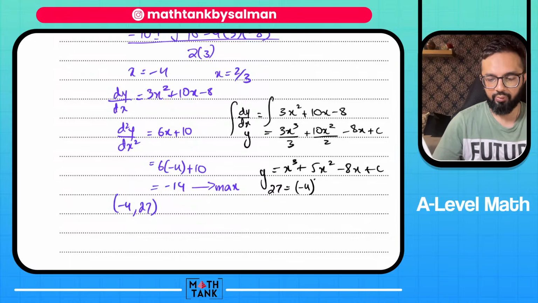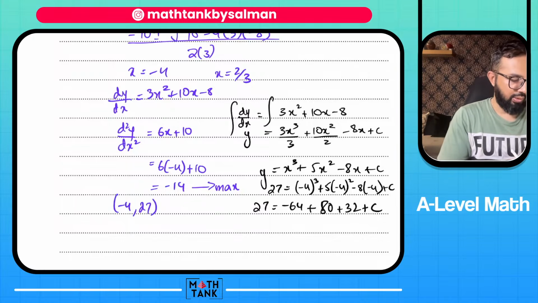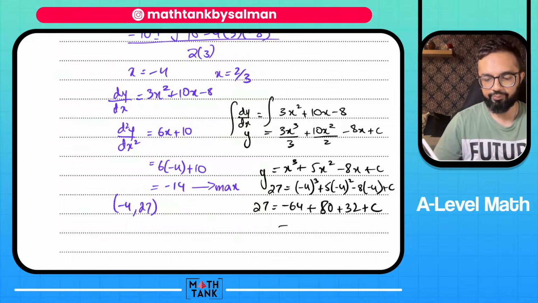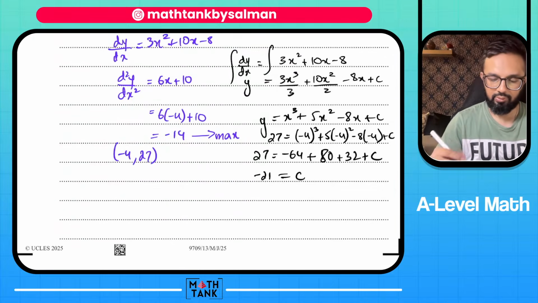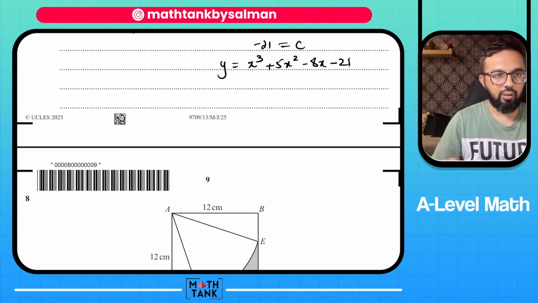Using 27, c is equal to minus 21. Okay, that's the correct answer.